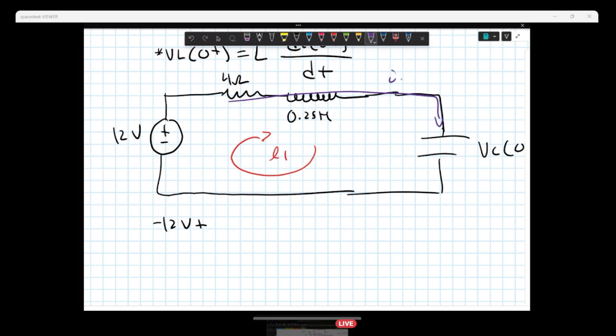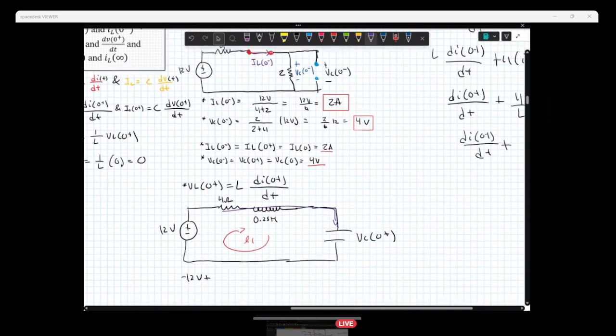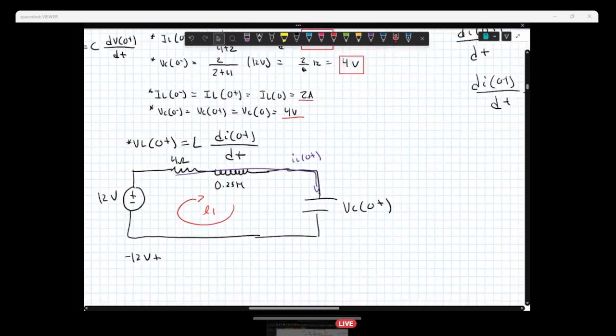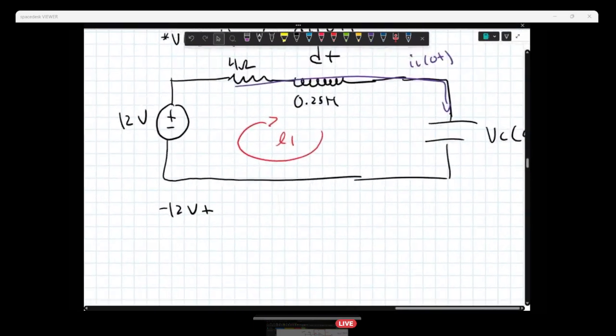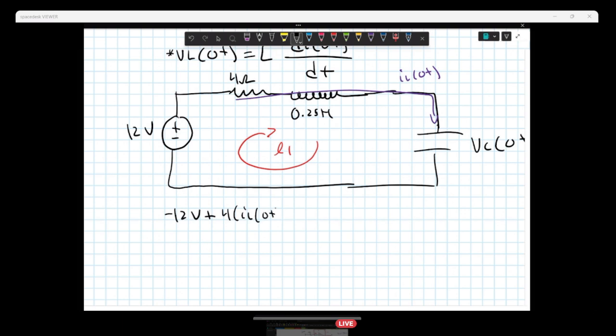It's produced by the inductor, because the inductor is the thing that produces the current. So really, this is just IL of 0 plus. So I'm going to get plus 4 times IL of 0 plus, the voltage through the inductor, which I'm going to write as VL of 0 plus, and then plus VC of 0 plus equal to 0.